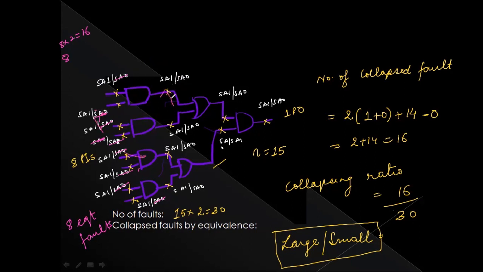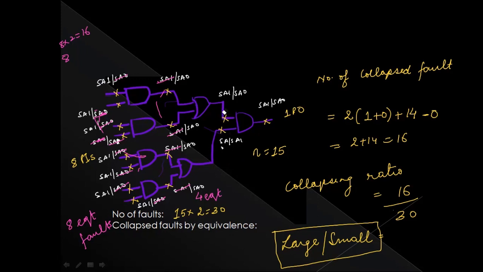Now we go to the next level, that is this, which are going as inputs to the AND gate. Now at the inputs to the AND gate, if we see OR gates, we can achieve equivalence on SA1. We know in an OR gate equivalence holds on SA1. If any one input is 1, I remove SA1 on all 4 inputs. So there were 4 inputs, 4 into 2 gave 8, and 8 reduced by 4, so 4 equivalent faults are formed here. Now call these the remaining faults.